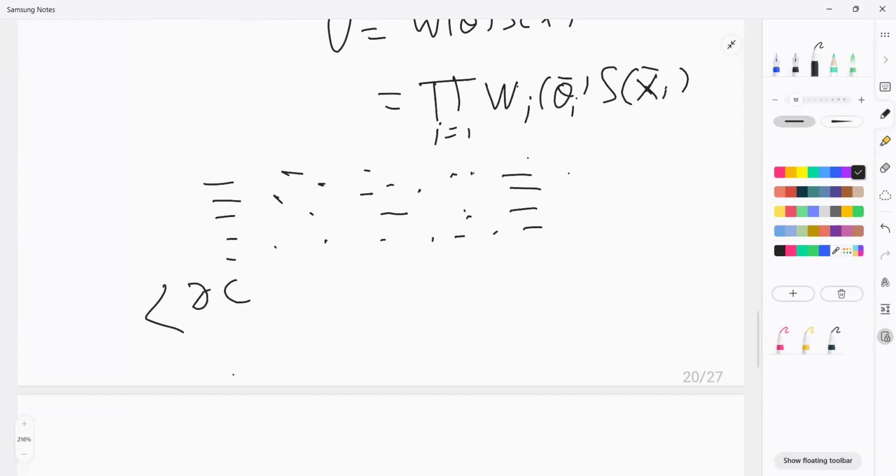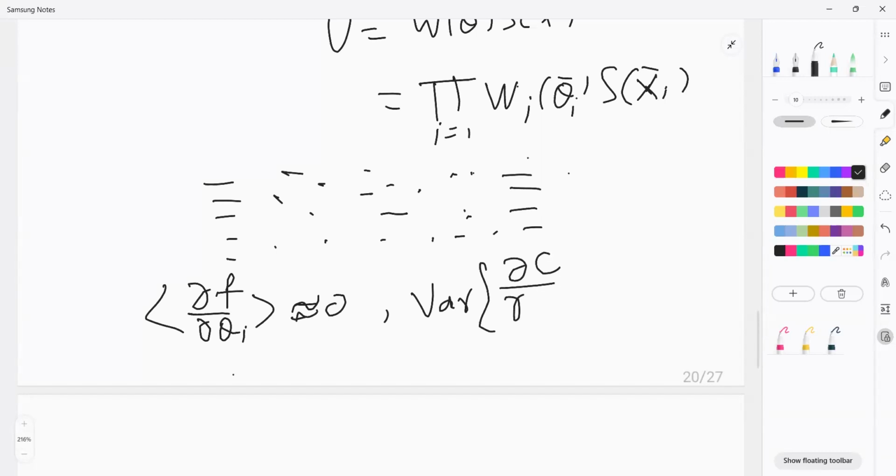and they worked out its derivative and the variance of the derivative, and they found that the derivative with respect to these parameters is near zero. And not only that, the variance of these derivatives was also scaling as 1 over 2 power n, where n is the number of qubits.